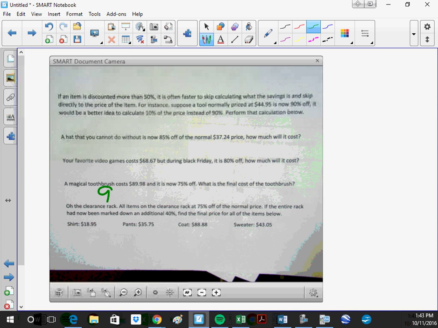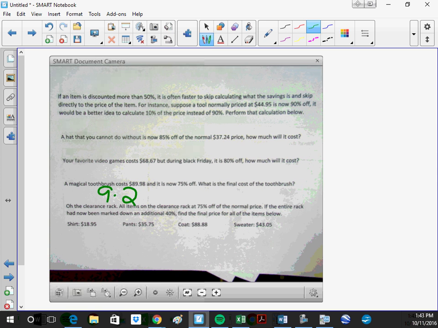How do we calculate 75% savings if we know that 10% of the original cost is $9? Times it by 2. What does that bring me up to? $18, which represents 20%. And I want to reach 25%.